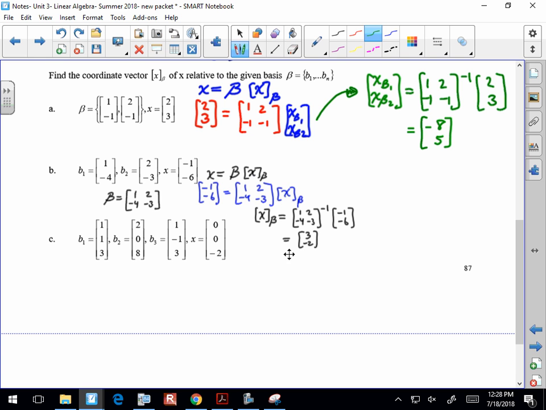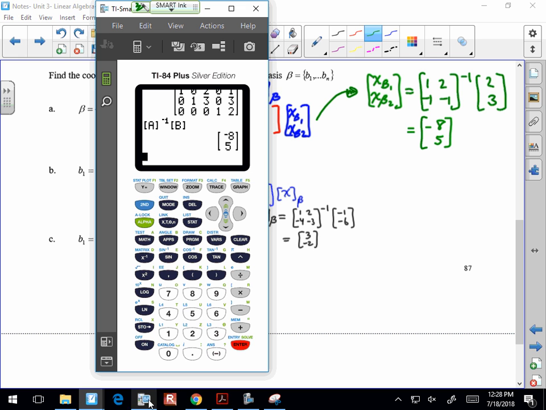Calculation-wise, it's nothing too crazy, because when you think about it, you're taking the inverse of your transformation matrix and multiplying it by the given vector. So it's going to be the same operation.